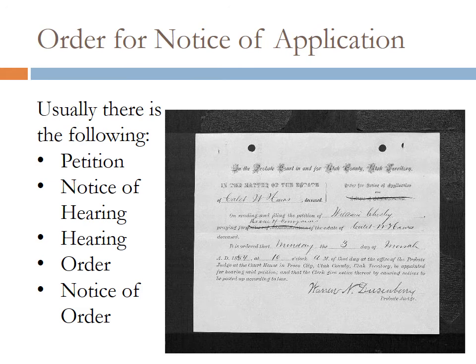And here's the notice for the application. So the pattern is petition, notice of the hearing. The hearing is held, there's an order, and then there's a notice of the order.